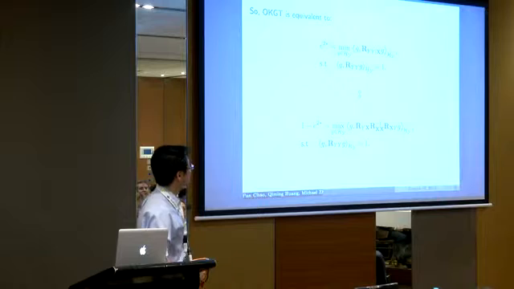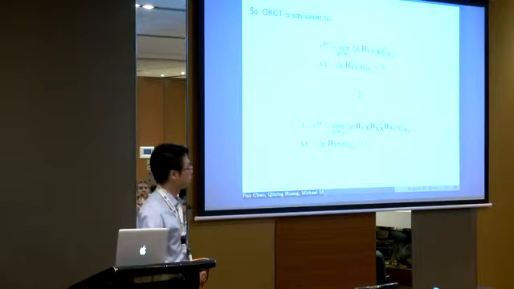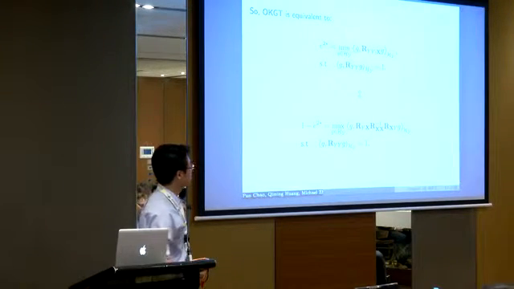Now our original formulation of the optimal kernel transformation can be reformulated using this conditional covariance operator. Originally, we wanted to solve this minimization problem, and it is equivalent to this maximization problem.